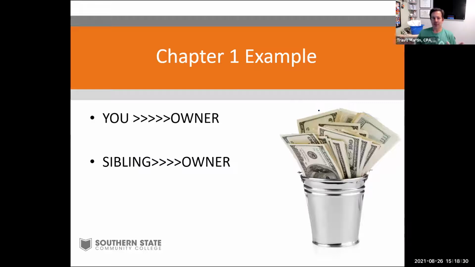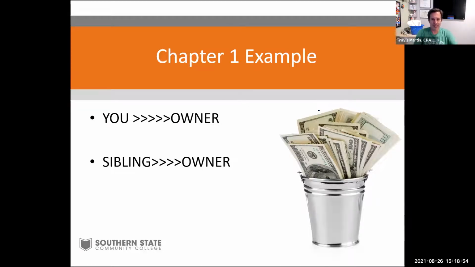In our chapter, they set us up with a simple little accounting system to show you how all this accounting stuff works and how it comes together. And they use an example of a money bucket by the door. And I've recreated the money bucket right here behind me. You and your sibling are going to put money in the bucket to have money pooled together so you can use it to go out and have fun with.